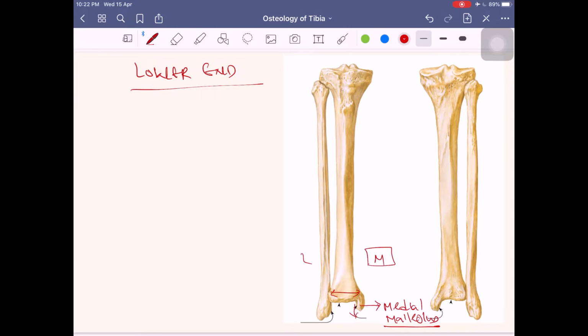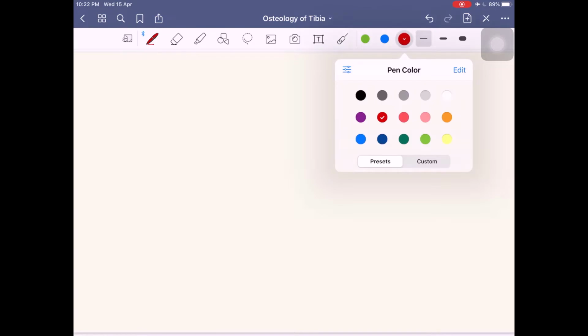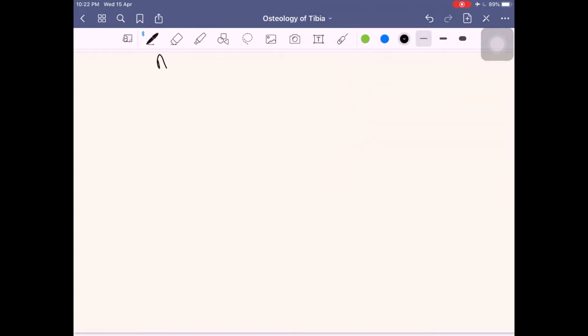Now, knowing in brief about the upper end, shaft and the lower end, we can decide the side determination and anatomical position.